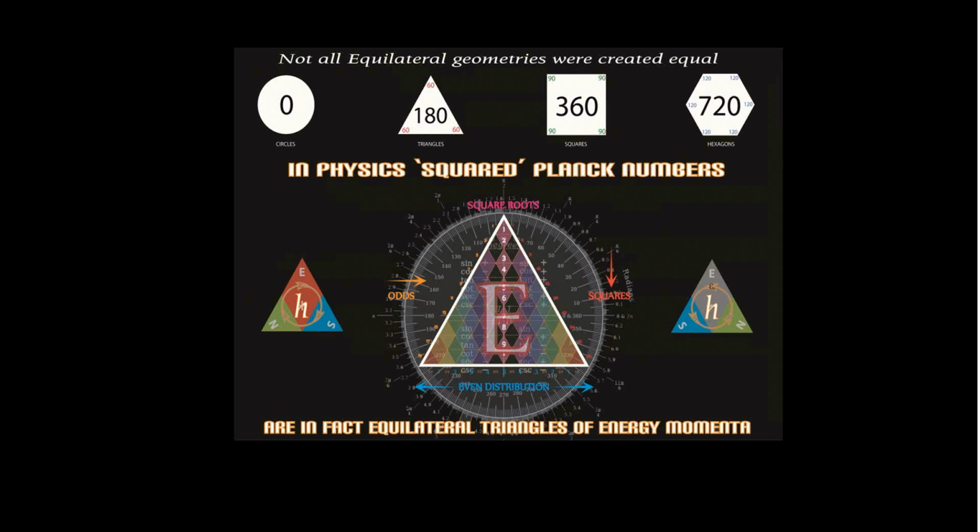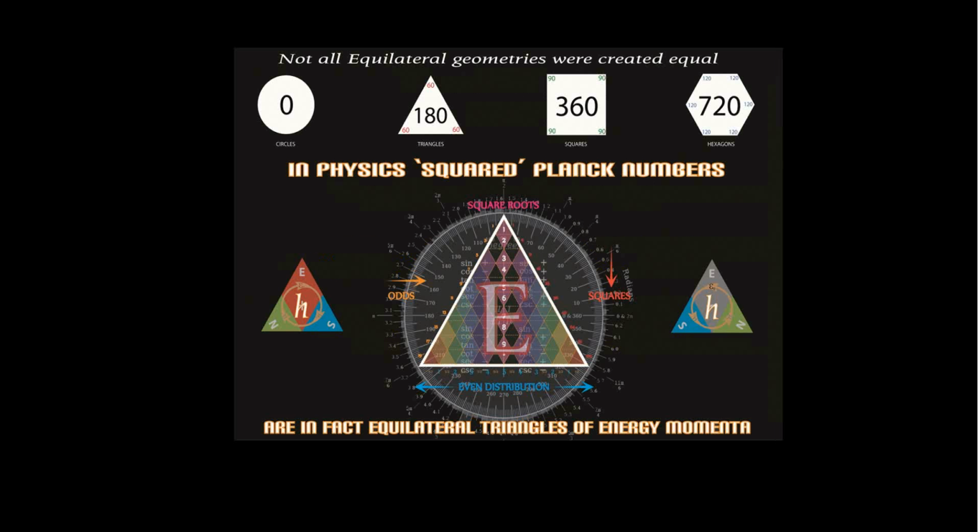In developing Tetryonics, to cut a long story short, the a priori postulate was that the squared meters per second of Planck's constant actually reflected an equilateral triangle, and that energy was what this geometry was, and that Planck's constant was just describing a particular physical property of how to divide that triangle up.